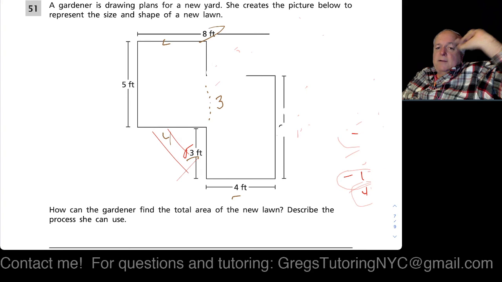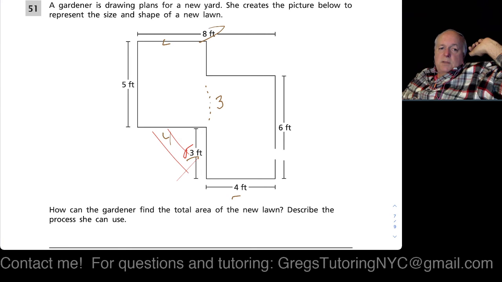And I probably should not have erased all this, because probably some of what I'm doing here is what the question is, but let's just deal with it as we come across it.